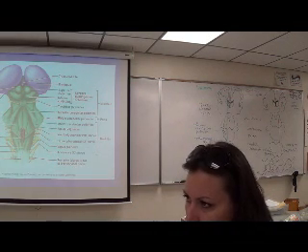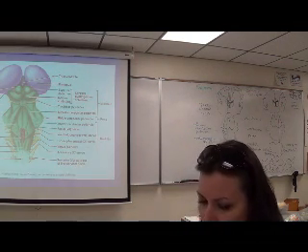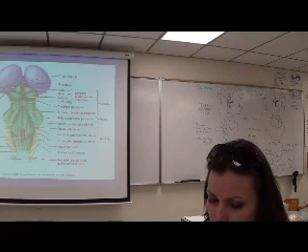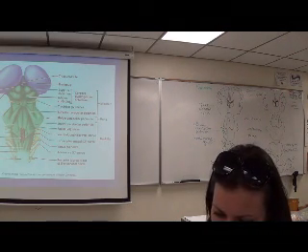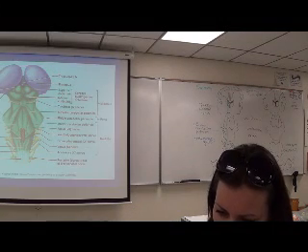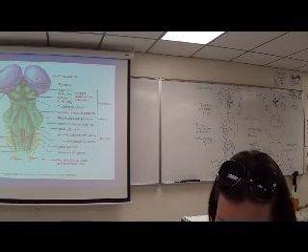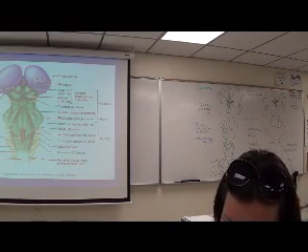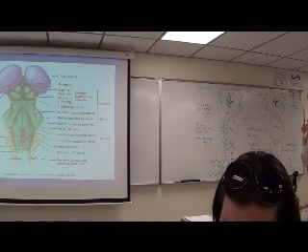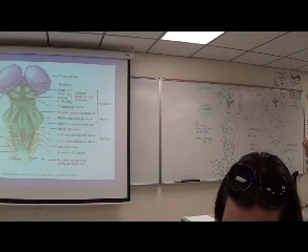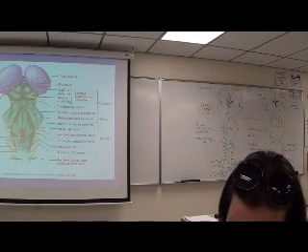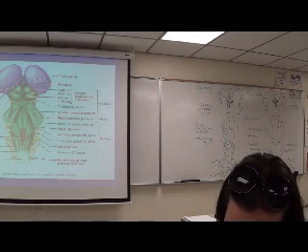So from my eyes, information goes to my thalamus, and then to my occipital lobe, so I process and see an image. From my thalamus, information also goes to my cerebellum. Now my cerebellum doesn't process that as an image. What it does process is information coming from my eyes.